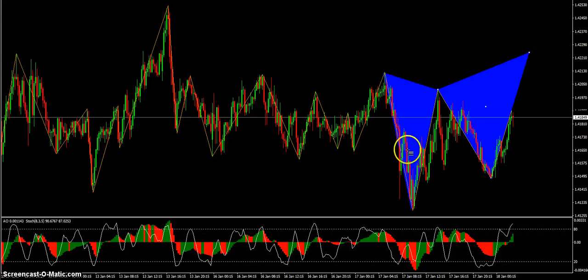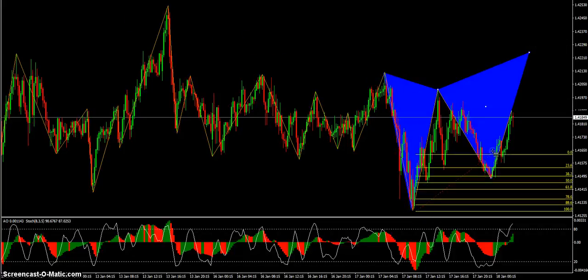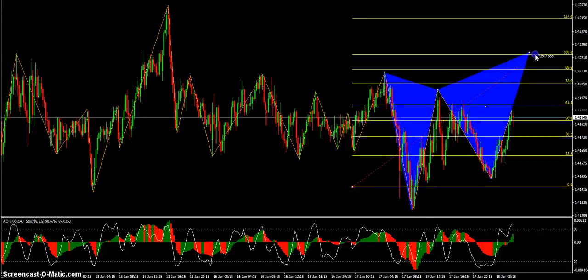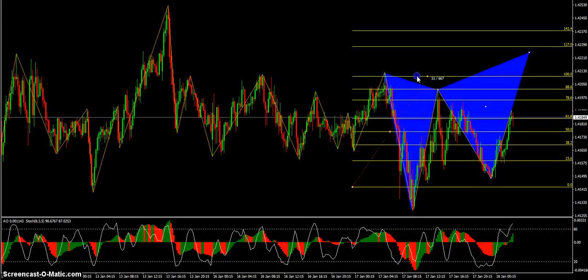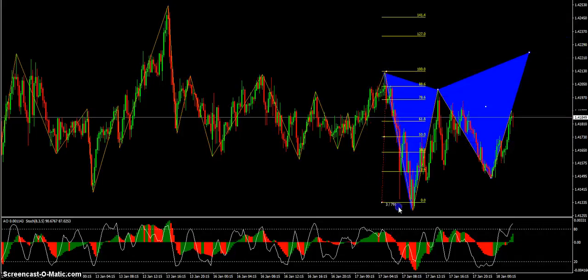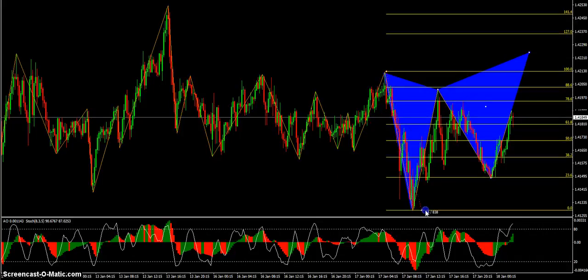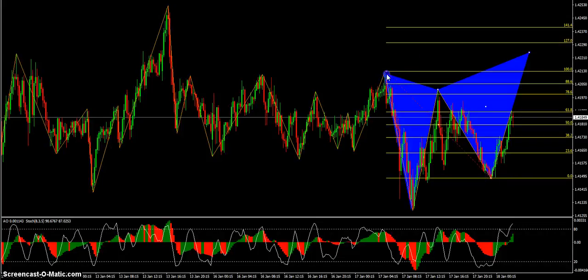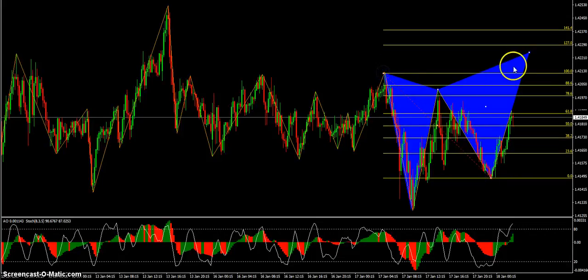So what we want to do is use our Fibonacci tool. And we're going to be looking at roughly a fib expansion of 127. So somewhere around there, if I'm correct.